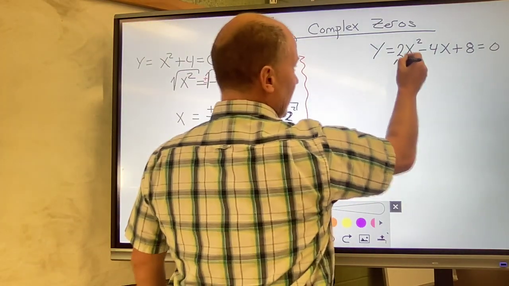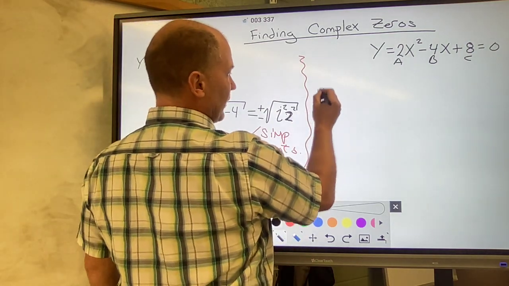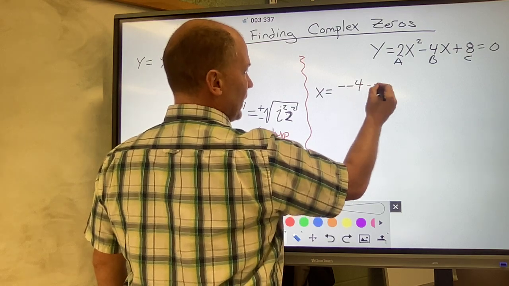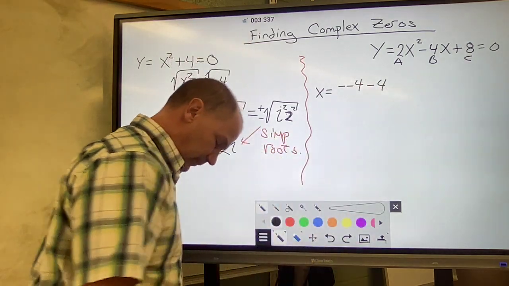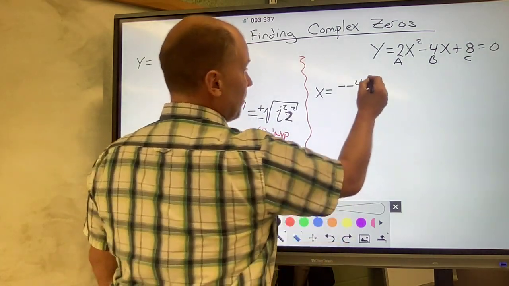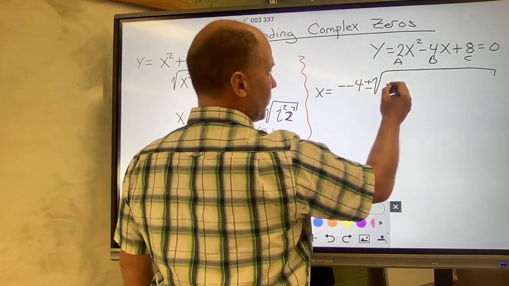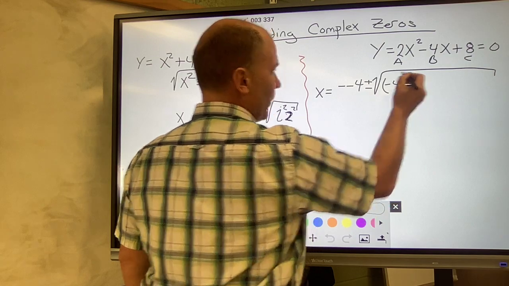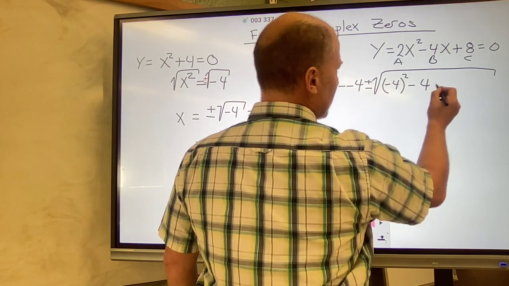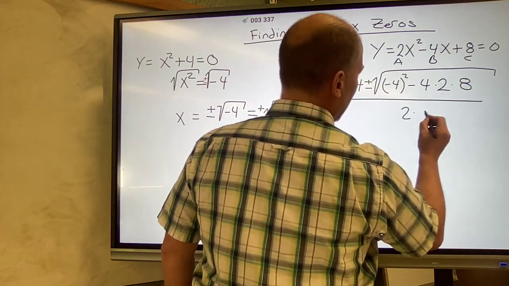I know that this is a, b, and c. So I say that x equals the opposite of b, plus or minus the square root of b squared, and notice that I'm squaring the whole -4 there, b squared minus 4 times a times c, all over 2 times a.